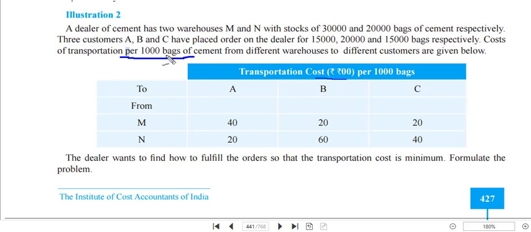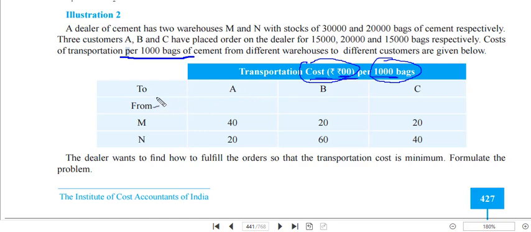So here we have to carefully see these two figures. This is per thousand bags, and the cost is in rupees 100 per thousand bags. So this will be used at a later stage. I am highlighting these two points: cost is in rupees 100 and bags are in 1,000, right?